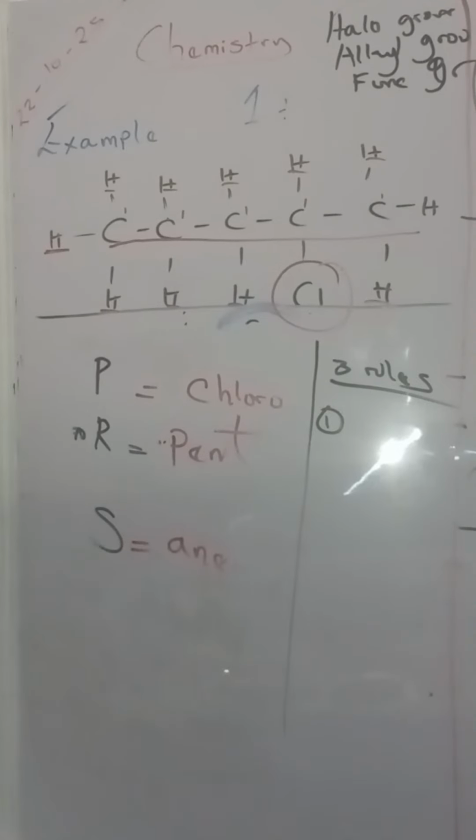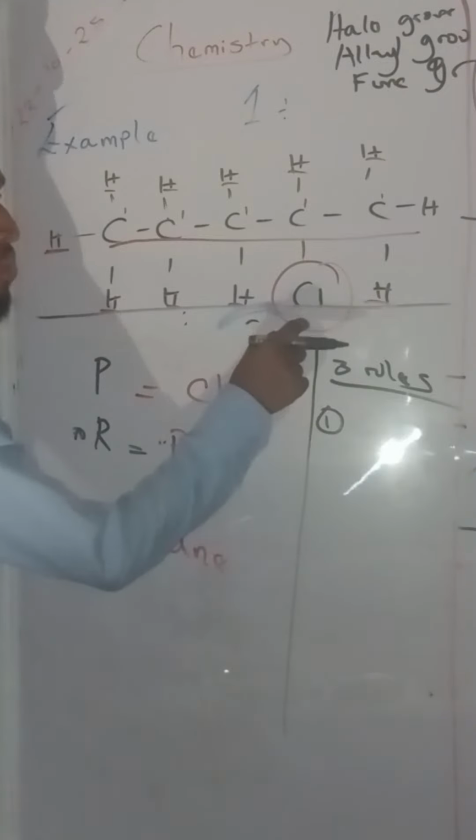It's not halo; halo group, active group, and functional group. So in this case, it's not from the branch; it's supposed to be the carbon chain.